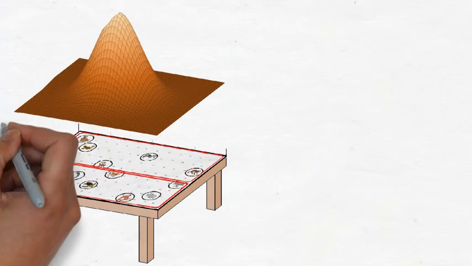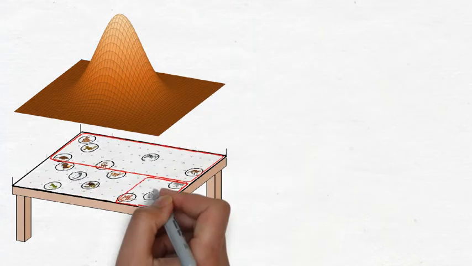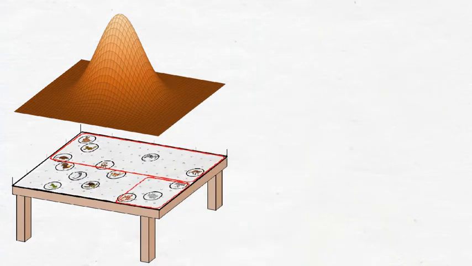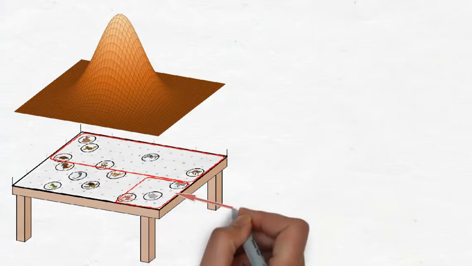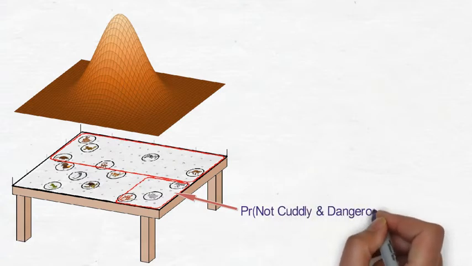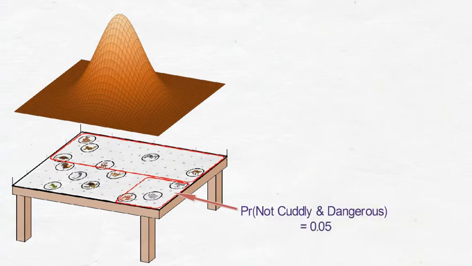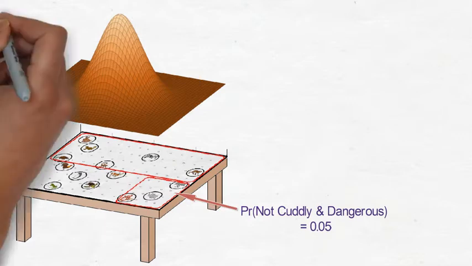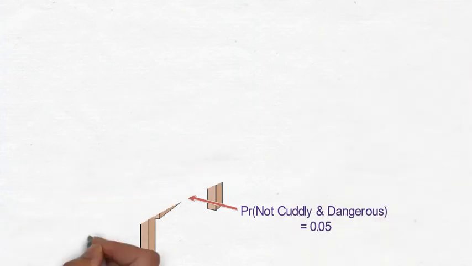Likewise, suppose you wanted to know the probability that the animal will be both not cuddly and dangerous. This outcome is represented by the area on the bottom right-hand corner of the table, and only about 5% of the mud is over that corner. So again, the distribution in this case represents that it is 5% probable, or 0.05, that the animal will be both not cuddly and dangerous.